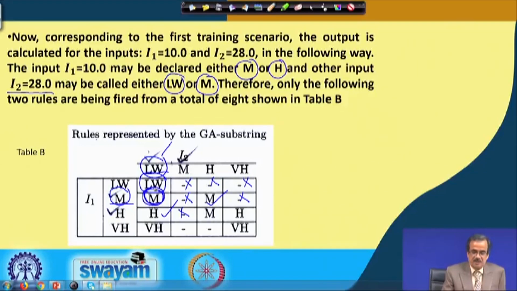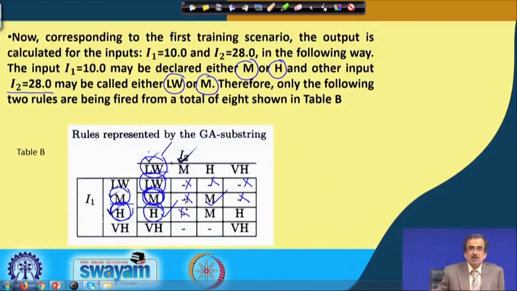Next, if I 1 is medium and I 2 is medium, the rule is absent here. The next is if I 1 is H, so I am here, and I 2 is low, that means I am here. So, this rule is present, whose output is high. The next is if I 1 is H and I 2 is M, so I am here.